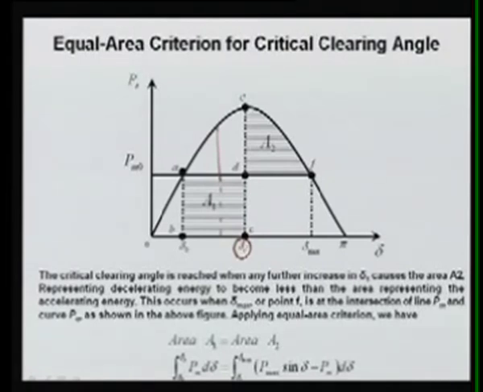The critical clearing angle is reached when any further increase in delta 1 causes the area A2, representing the decelerating energy, to become less than the area A1, representing the accelerating energy. This occurs when delta max, the point F, is at the intersection of line PM and curve PE.